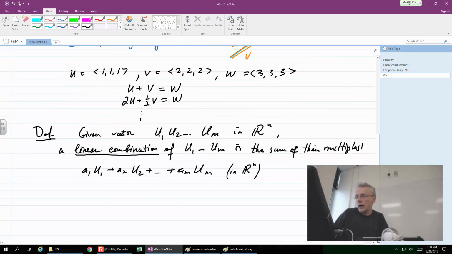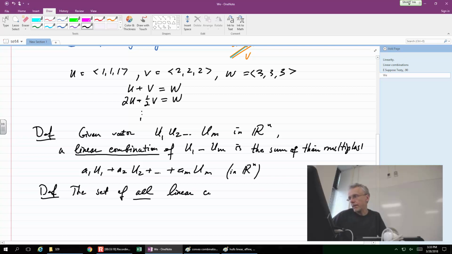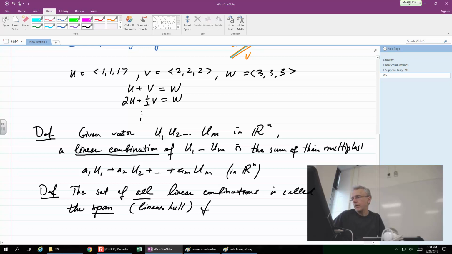And then additionally, the set of all linear combinations is called the span, just in case a linear hull, since I already mentioned that, of u1, um.